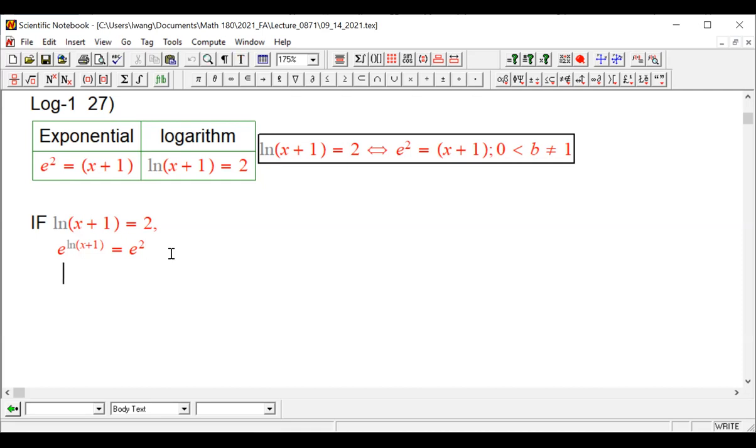And the left-hand side is equal to x plus 1 indeed. Do you know why it equals x plus 1? Because the ln and the e cancel out, or get rid of each other. The ln and e canceling out. That's the narrative.